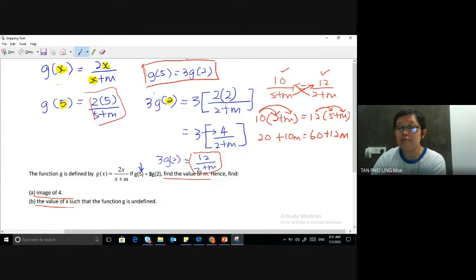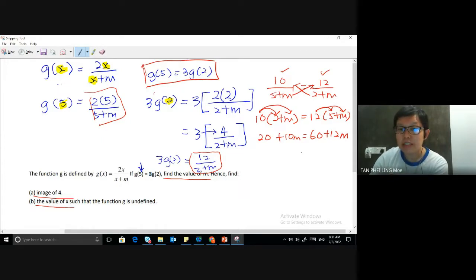So to solve m, we group all the m together. So you can choose to bring 12m here so that it becomes minus 12m, but in the end you will get negative, or you choose to put the 10m to the other side, which will minus 10m, and you will get positive 2m. Am I right? So this is some decision making. It's not wrong. It's just that you will end up having negative, then later you divide a negative number.